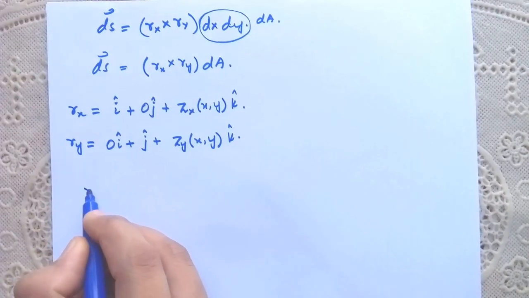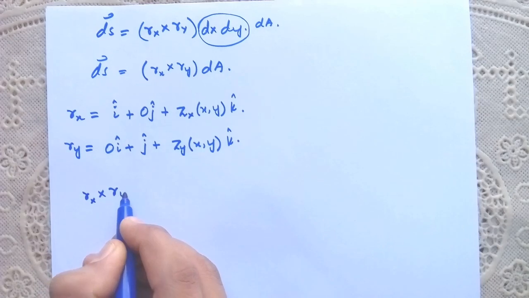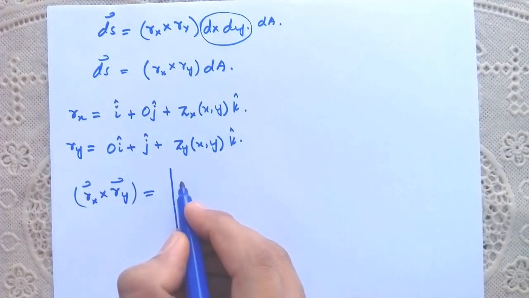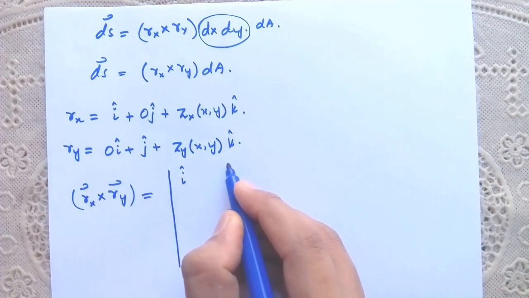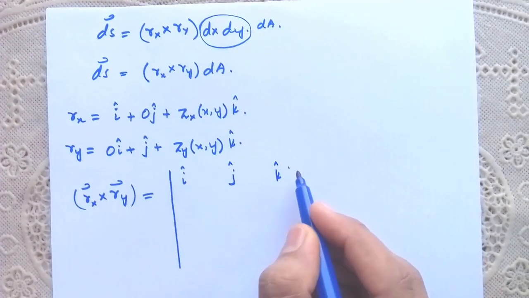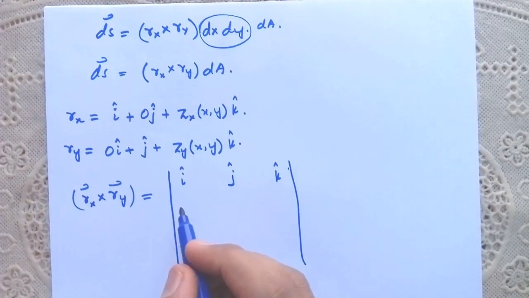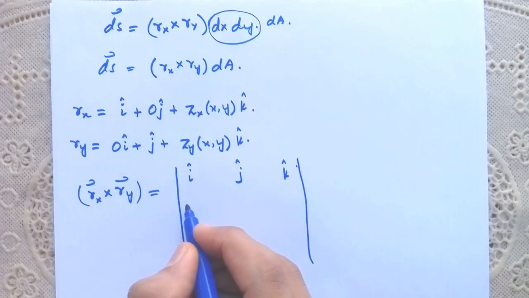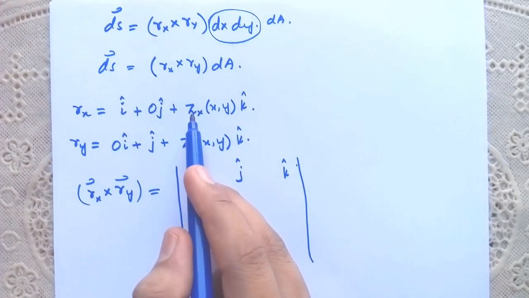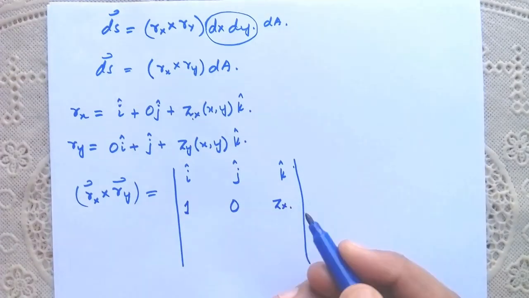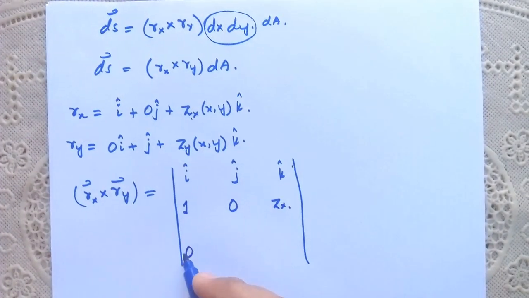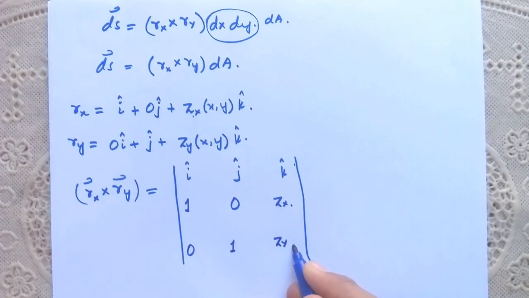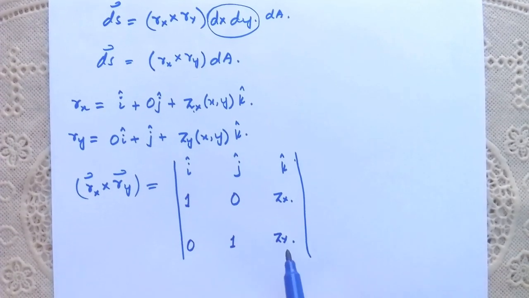So cross product of rx and ry is equal to the determinant with i cap, j cap and k cap, rx का फर्स्ट कोफिशिएंट है 1, 0 and zx, and ry का कंपोनेंट है 0, 1 and zy. Now evaluate this determinant.